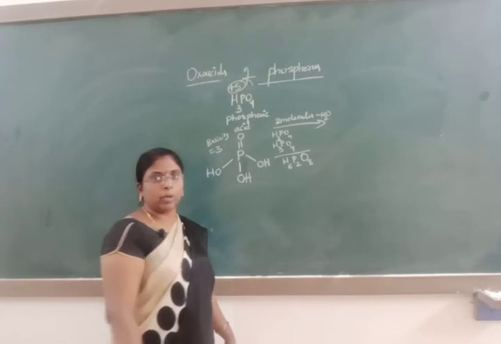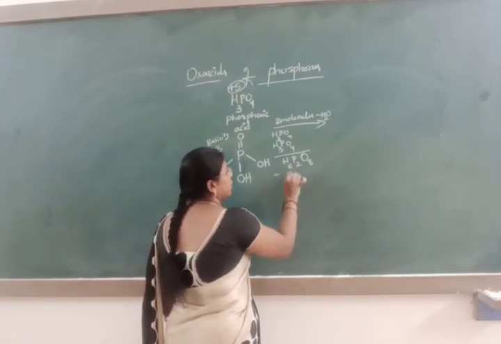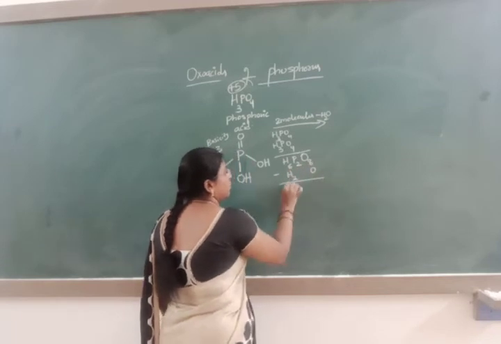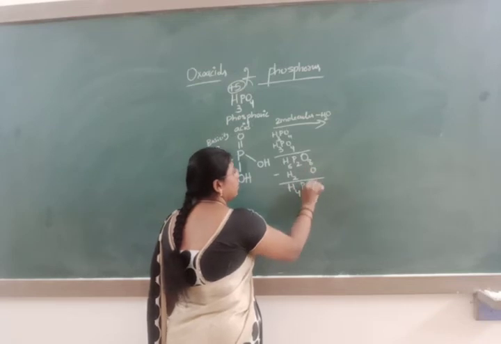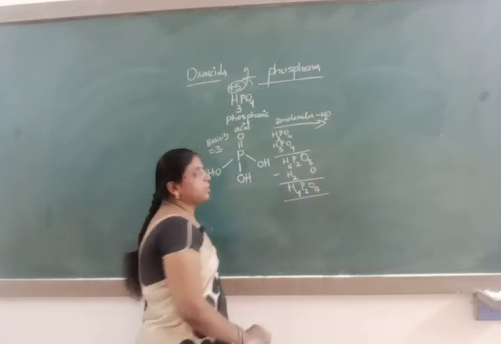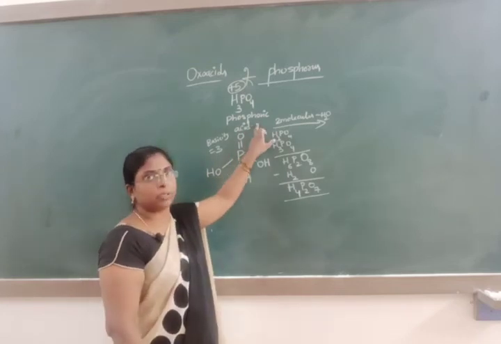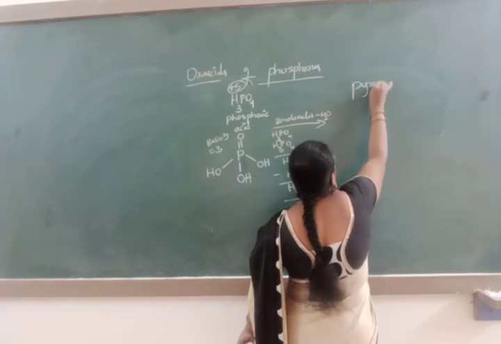We have to remove one water molecule from this. When you subtract, you should remove hydrogen on this side and oxygen, H2O. 4 hydrogen atoms, H4P2O7. The name of this compound is pyrophosphoric acid. Since it is obtained from phosphoric acid, it is known as pyrophosphoric acid.